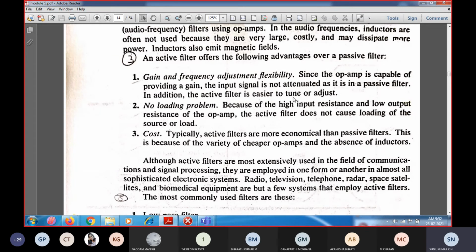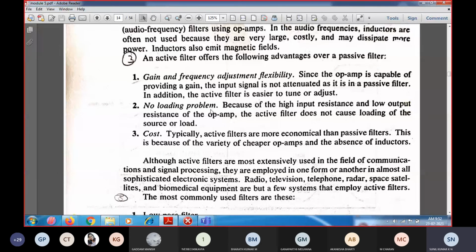In addition, an active filter is easier to tune or adjust, because you can vary the frequency of the signal, and hence this is a very important parameter when compared to the passive filter. There is also no loading problem.